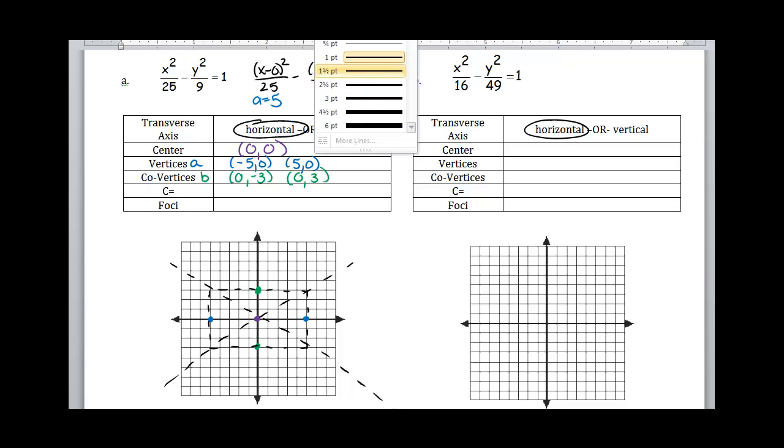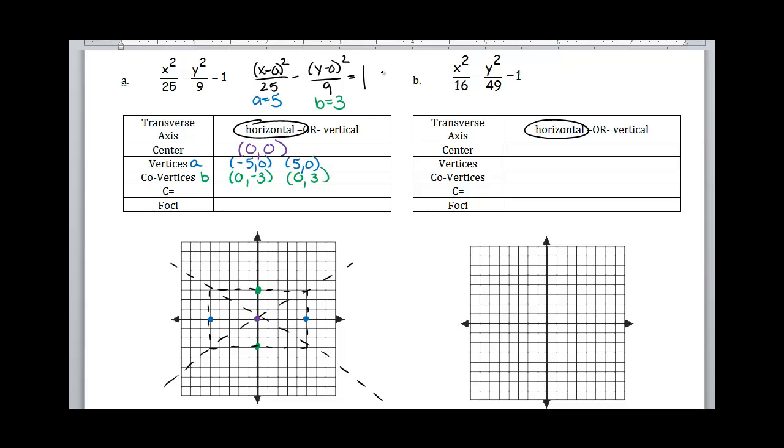Next, since again this is a horizontal hyperbola, that means that these two dots on the left and the right are my vertices. And so I can draw my hyperbola, basically two parabolas, from these vertices. Your hyperbola should be getting very close to those two asymptotes we drew, but not crossing or touching them.